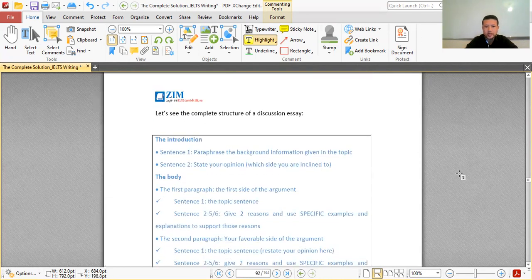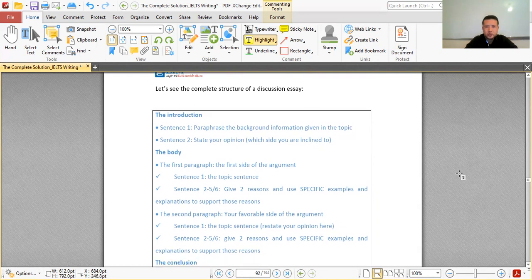So let's look at the structure for discussion essays. The first one is the introduction. In the introduction you have to give two sentences, guys, only two sentences. In the first sentence you have to paraphrase the background information given on the topic. The next one, you have to state your position, your opinion, guys. You have to include two sides of the argument plus your own position, your stronger argument.